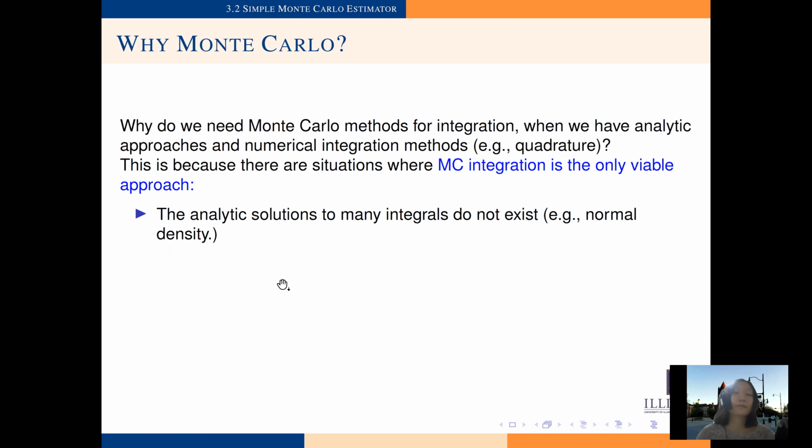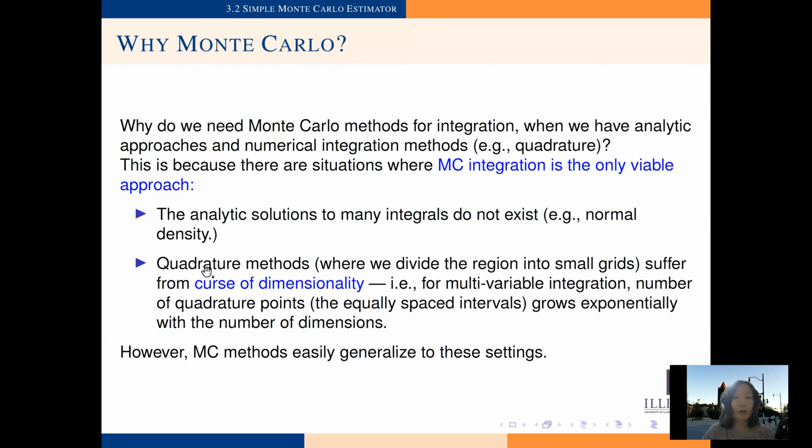For example, there are many integration problems where analytic solutions do not exist. An example is the normal density, where you cannot really find an analytic solution to its integration. And the quadrature methods, which is the deterministic type of the numerical methods, where we divide the region into small grids, of length d in the unidimensional case, can suffer from curse of dimensionality.